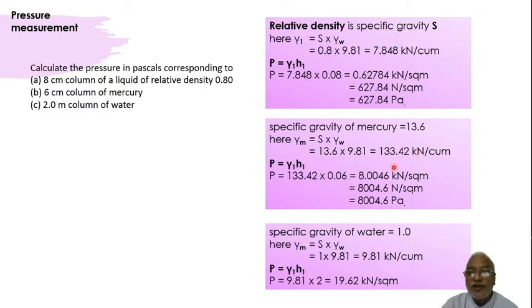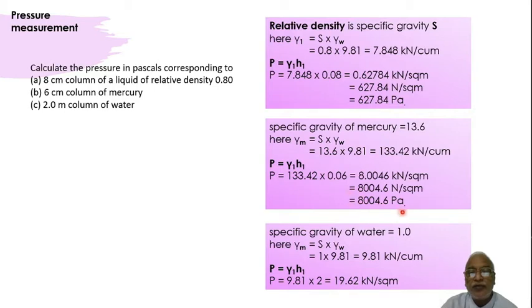So the product gives you 8.0046 kilonewton per square meter. If I want in Newton per square meter, I have to multiply by 1000, so it becomes 8004.6 Newton per square meter, or 8004.6 pascals. That is the pressure.